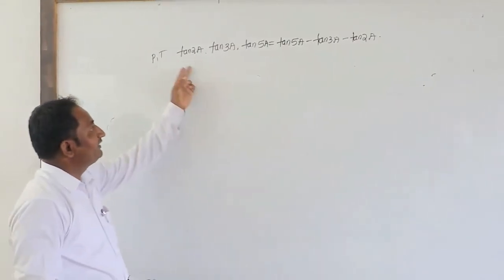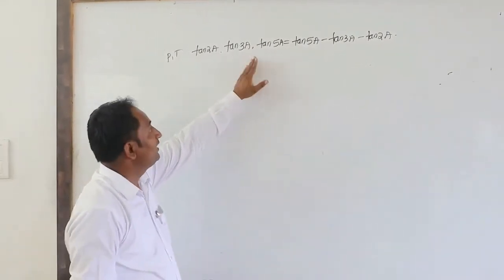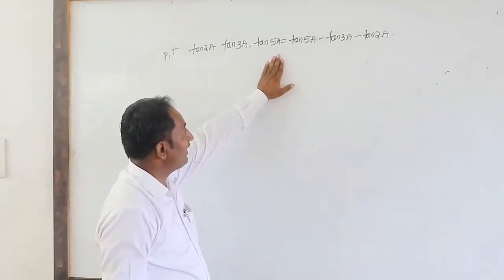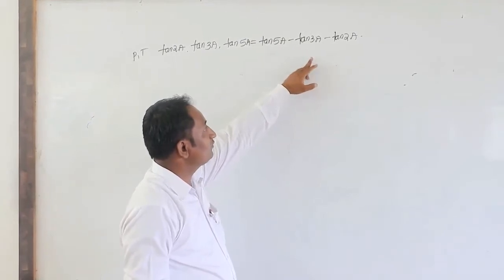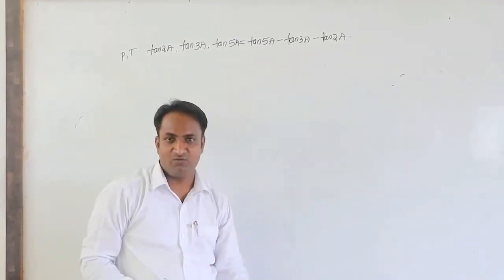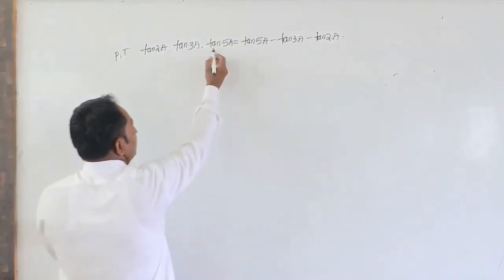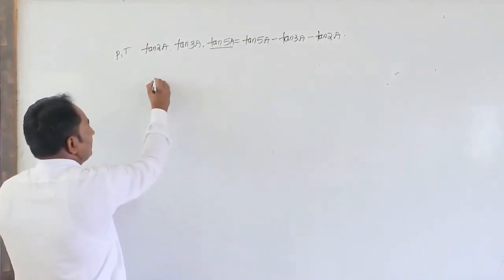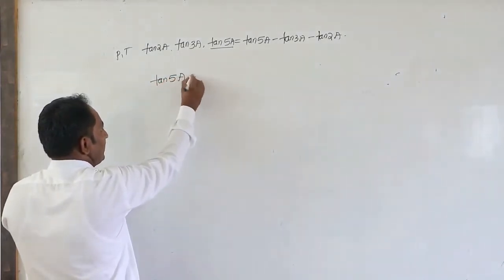Prove that tan of 2a, tan of 3a into tan of 5a value is equal to tan of 5a minus tan of 3a minus tan of 2a. First we consider the highest value, tan of 5a.